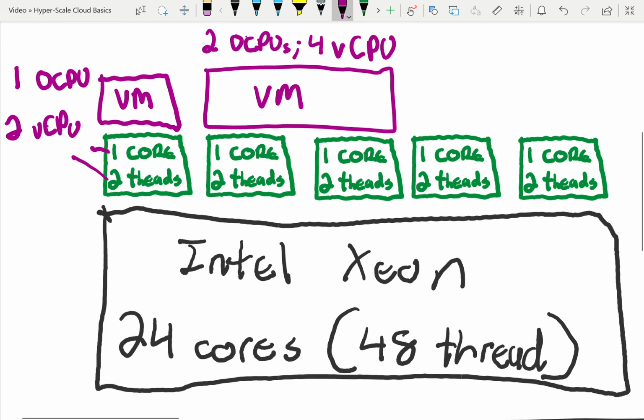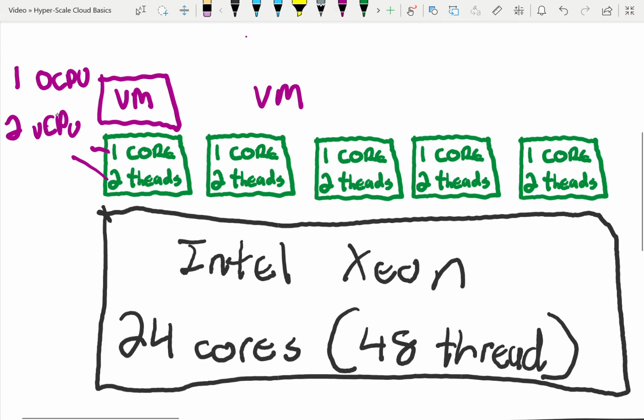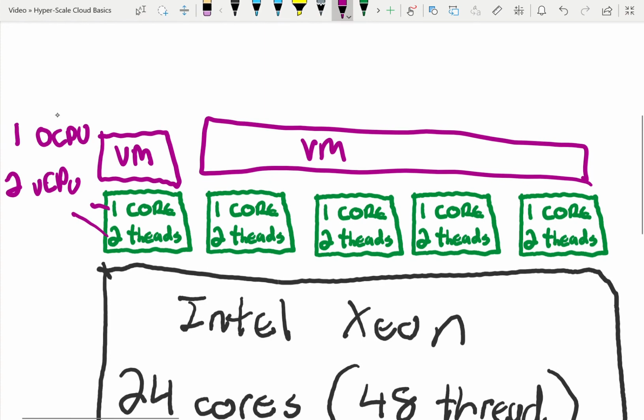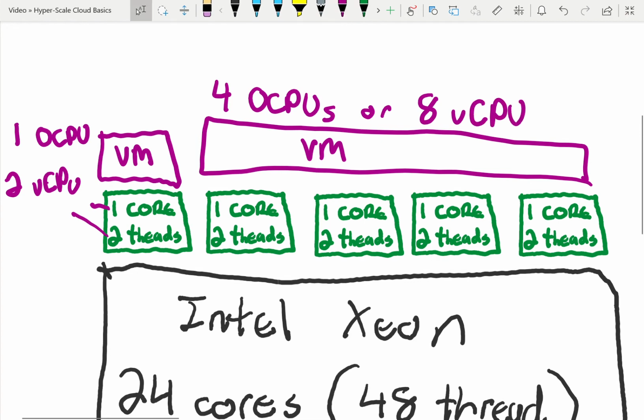And then the same concept expands out. So for instance, if we're using 4 cores for the VM, now that's going to be a total of 4 OCPUs or 8 vCPUs.